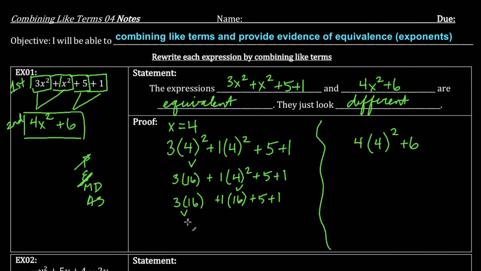So 3 times 16 is 48. And a positive times a positive is a positive 16, plus 5 plus 1. 48 plus 16 is 64, plus 5 plus 1. I'm just going to add those together. 64 plus 5 is 69, plus 1 is 70.